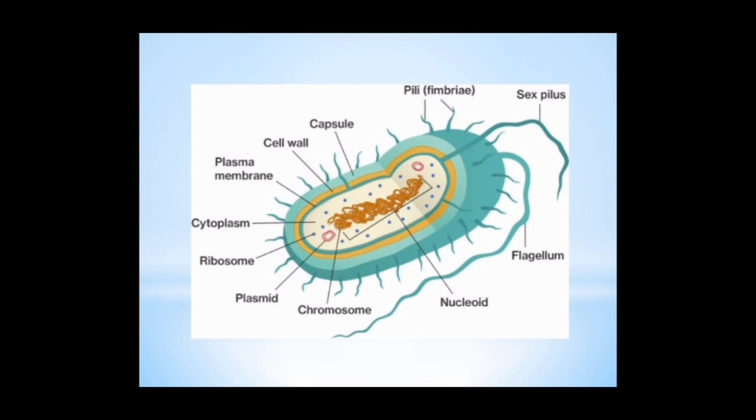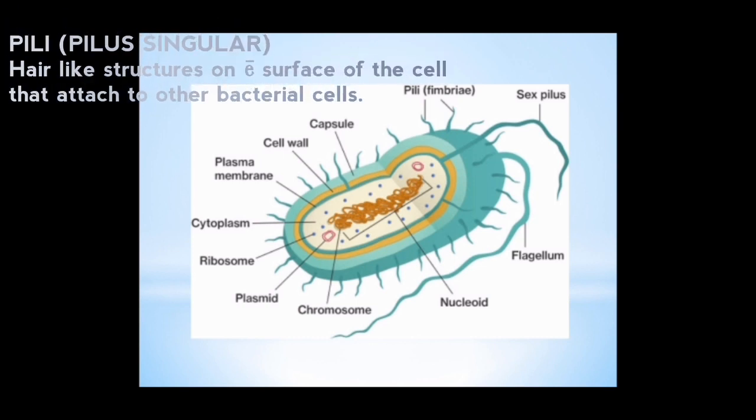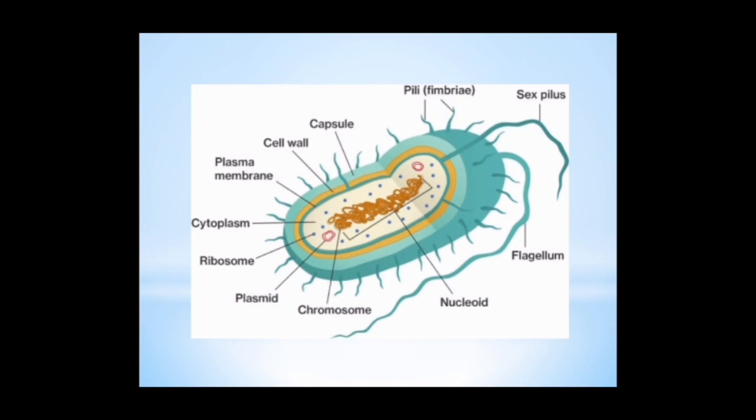So, while pili, or pilus in singular, are hair-like structures on the surface of the cell that attach to other bacterial cells. These outgrowths assist the bacteria in attaching to other cells and surfaces, such as teeth, intestines, and rocks.